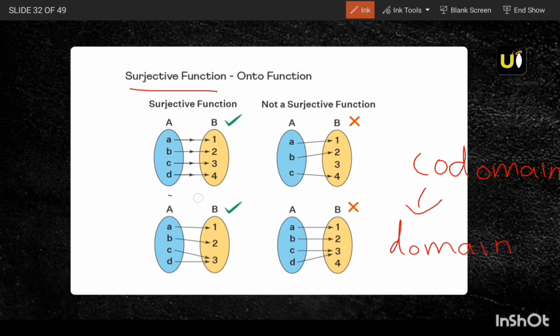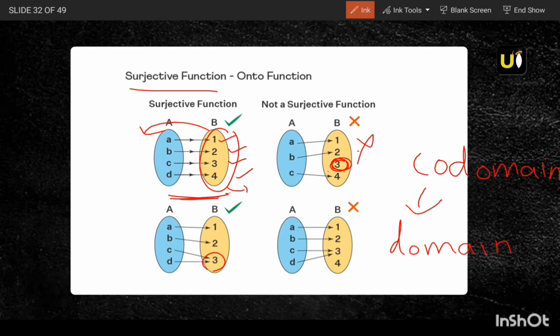See, let's look here. For 1, 2, 3 and 4, for all the elements in this codomain set, there is an element in the domain set. Whereas in this example, no element from the domain set is mapped to 3. So this is not a surjective function.